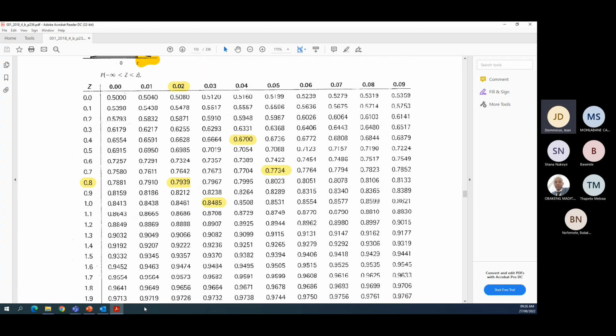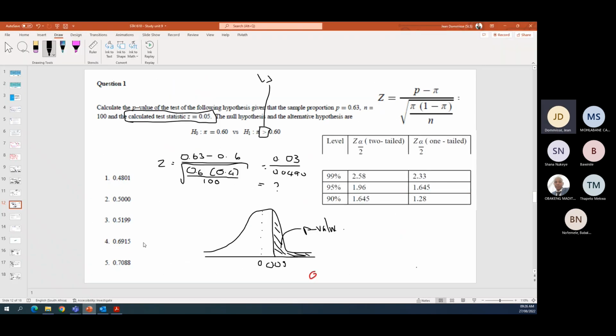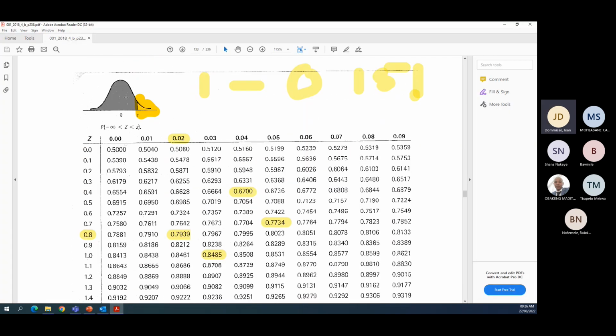Okay, so they said to us the Z is 0.05. So let's first do it on this graph, 0.05. And because we're using the positive, it fills that area.